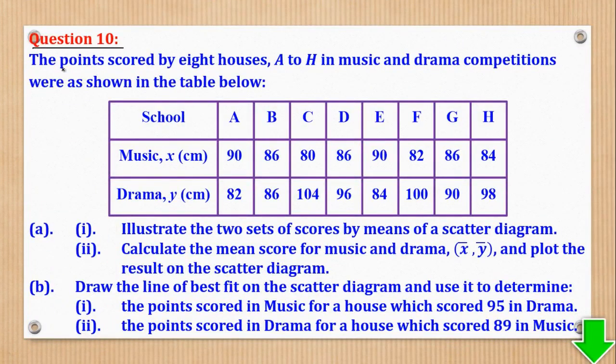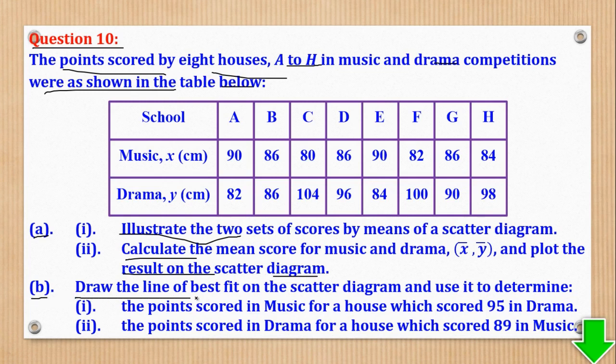Then question 10 says the points scored by 8 houses A to H in music and drama competitions were as follows in the table below. Part A, illustrate the two sets of scores by means of a scatter diagram. Then calculate the mean score for music and drama and plot the result on the scatter diagram.